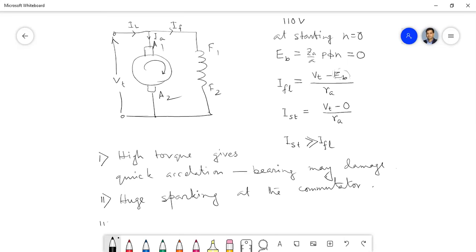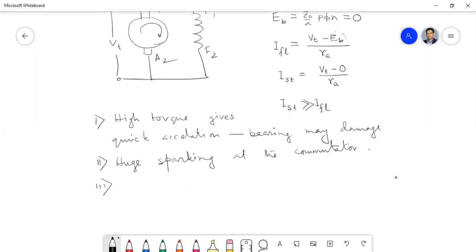What else? Okay, now suppose this happens repeatedly, this type of high amount of current for a small time, so there will be huge stress on the insulation of the armature.